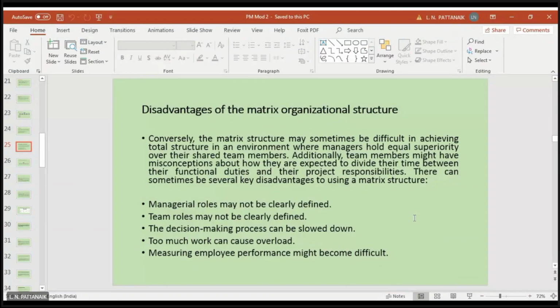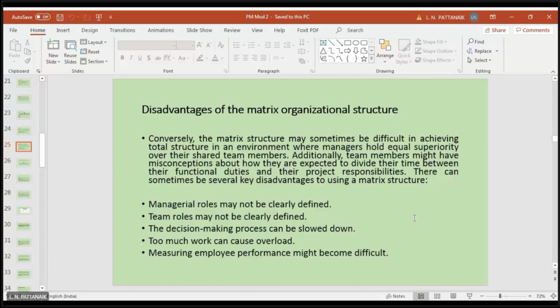At the same time, for a temporary period, if you are deputed for a project, you will have another head, another boss for a certain time, although maybe only a few months or years. But this kind of dual heads or dual superiors may create some kind of dilemma for the employees about whom to give priority.